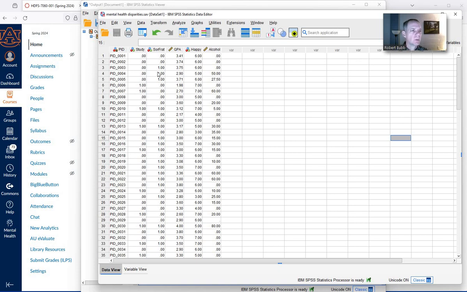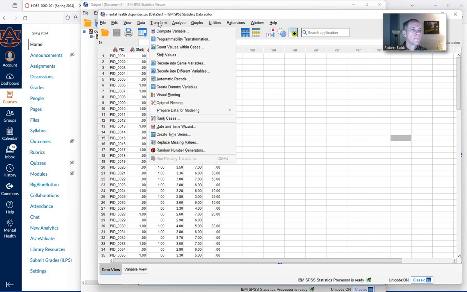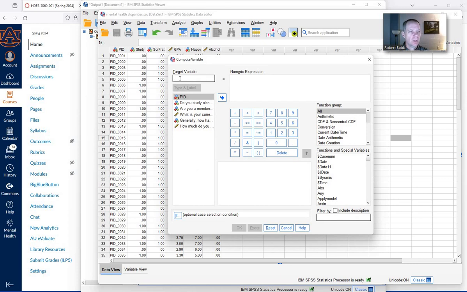So the very first thing that we want to do is we want to create an interaction term. And we can do that by computing a variable. Quite literally, our interaction, I'm just going to put INT for interaction. Our interaction is literally our two predictors multiplied by each other. So I'm going to take our study variable and I'm going to multiply it.